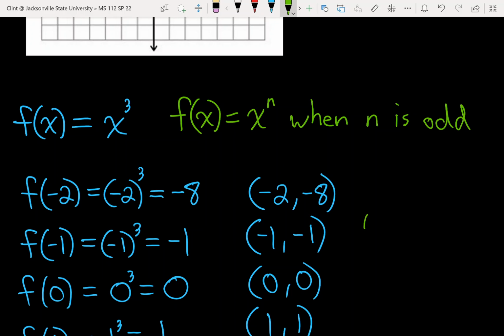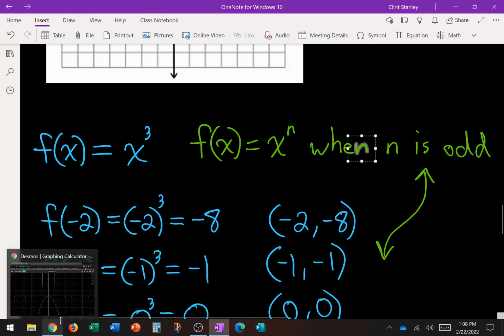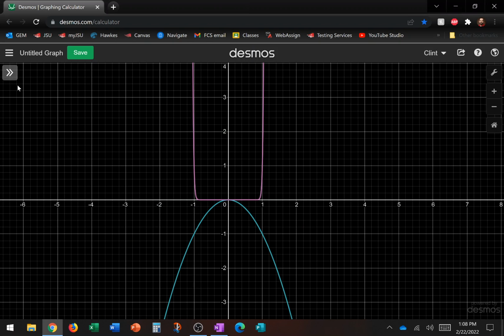And so then we get this shape. So let's look at a few and see what happens when we make the exponent bigger than that.